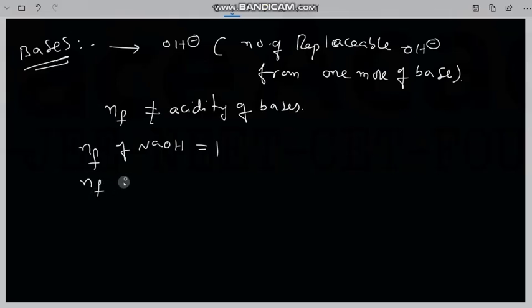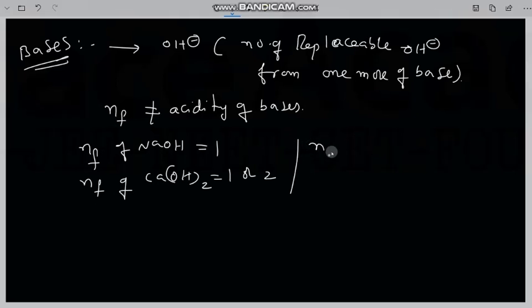Like that, the n factor of calcium hydroxide is 2. Either 2 or 1 is also a possibility in chemical reactions, depending on the extent of the reaction. Zinc hydroxide and calcium hydroxide are said to produce 1 or 2 values.